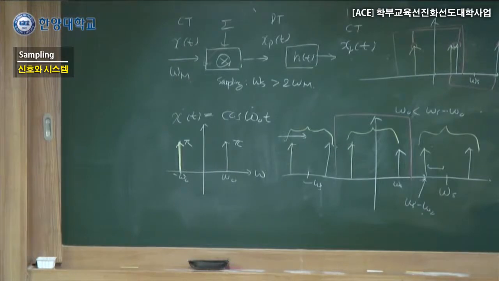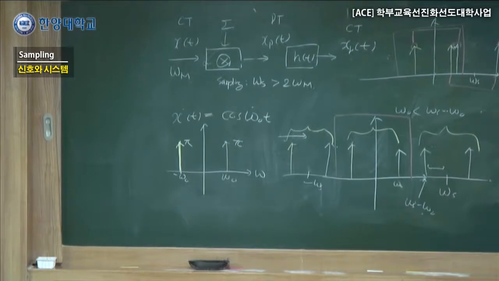The difference is that both are cosine omega t, but in the first one omega 0 is smaller than omega 0 over here. This one is faster, changing faster. So this one has a faster signal frequency; omega m is larger than omega m over here.